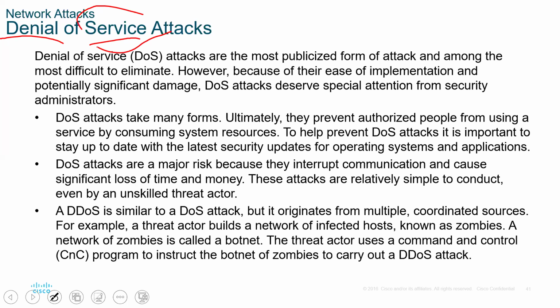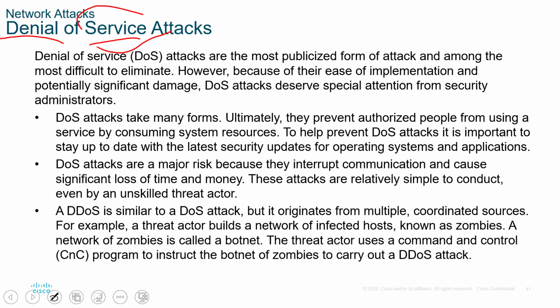Ultimately, they prevent authorized people from using a service by consuming system resources. To help prevent DoS attacks, it is important to stay up to date with the latest patches. So if you have an operating system, make sure you update it frequently. If you have an antivirus, make sure you update it frequently and things like that. So that is one way you can prevent it.